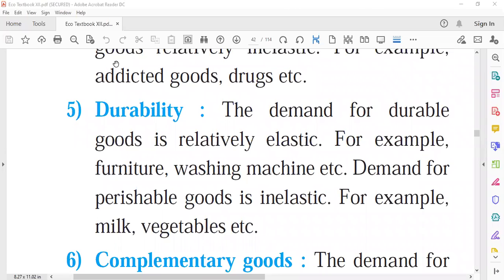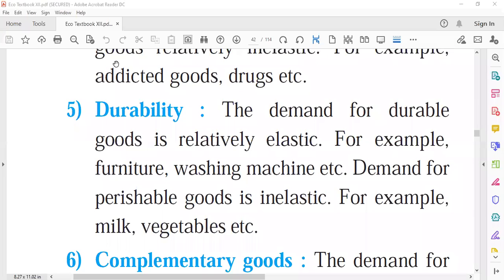In the case of durable goods, the goods can be used again and again for a long time, and can be stored for future consumption. We can take the example of furniture.